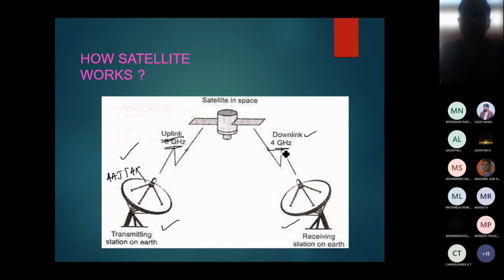So what is the reason for this? Why not use the downlink with high frequency and the uplink with low frequency?